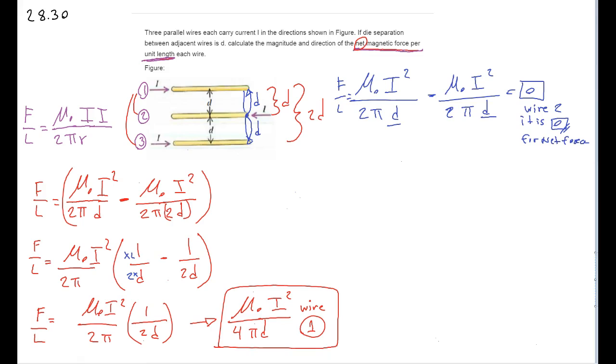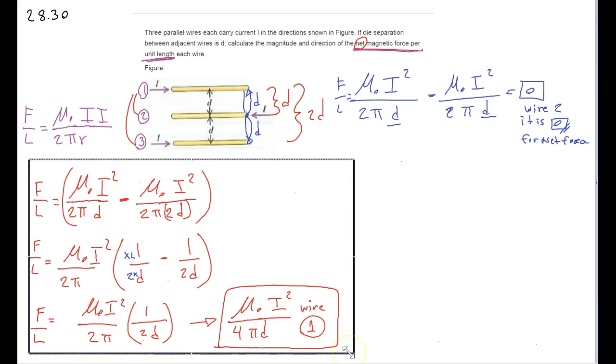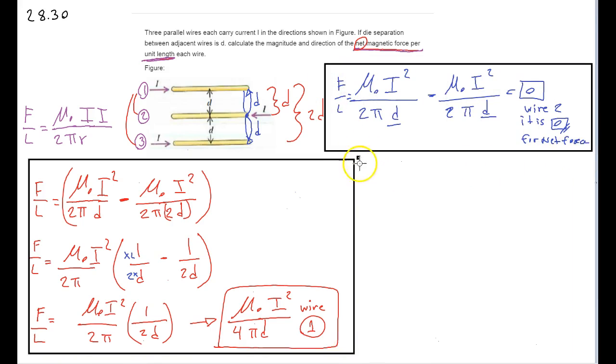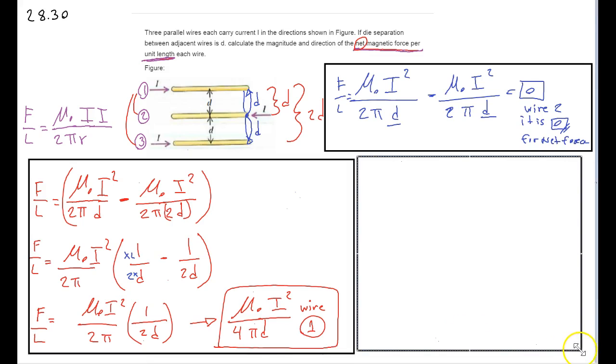Now let's do wire 3, in a different color. That's wire 1, this is wire 2, and this is wire 3, the one that I'm doing right now.